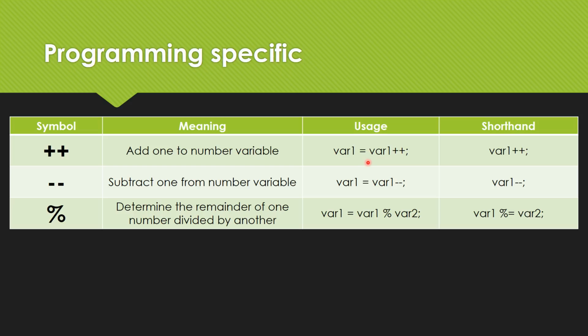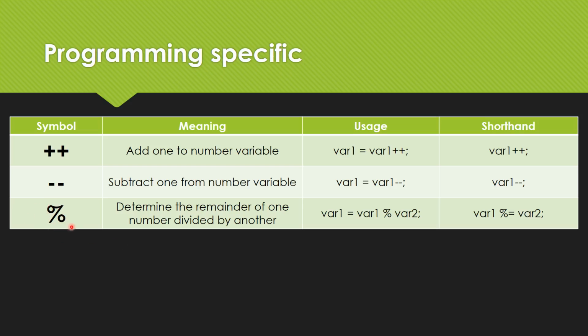So in this case, var1 is equal to var1 plus plus. The new value that's going to be stored in var1 is going to be whatever var1 was plus 1. And again, here's the shorthand for it. The converse is true for var1 equals var1 minus minus.